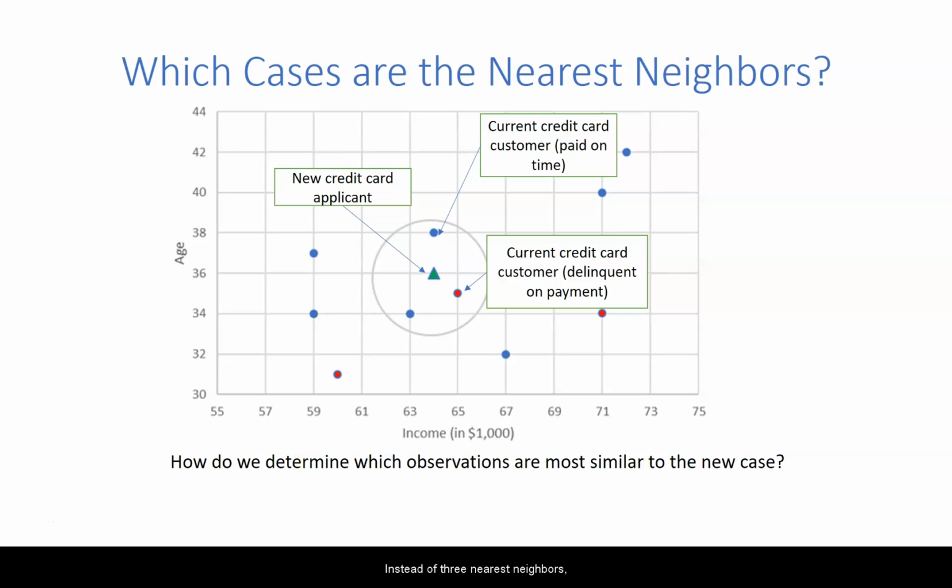Instead of 3 nearest neighbors, if the bank chooses to evaluate 5 nearest neighbors, then the probability of the new customer being delinquent would have changed. And finally, a sliding cutoff value is probably more meaningful than the default cutoff value of 0.5 in many cases, and the domain experts need to be consulted when making these decisions.